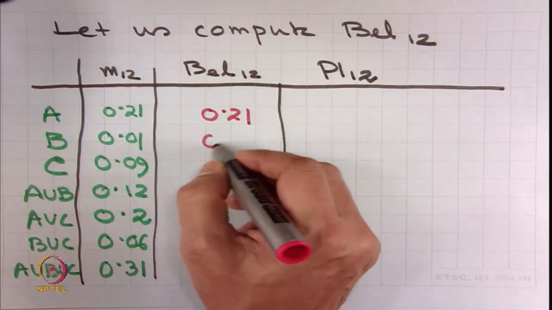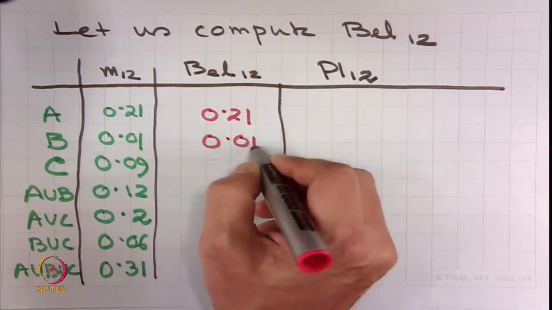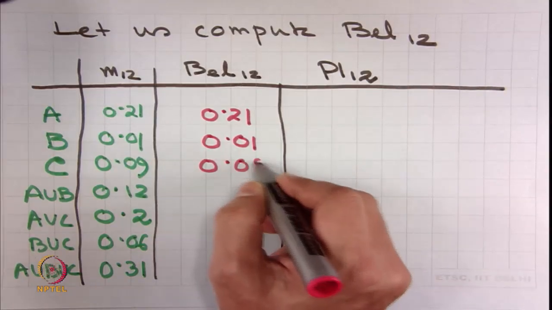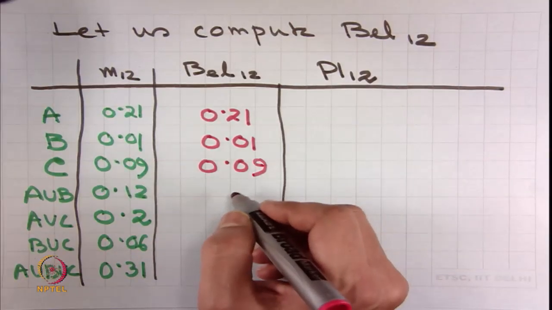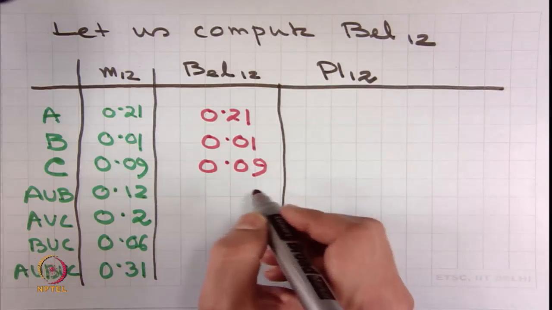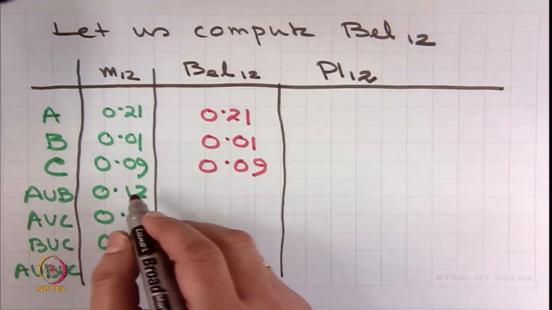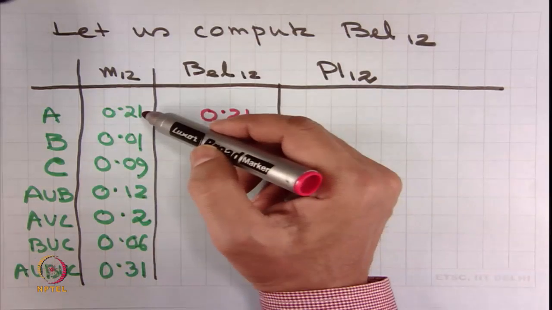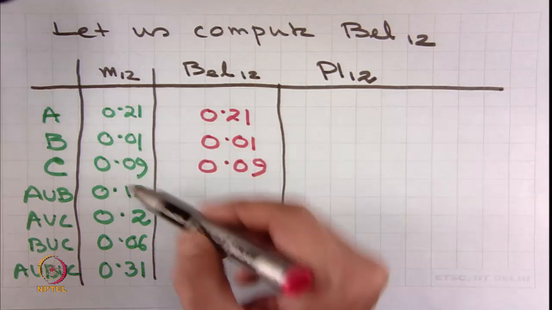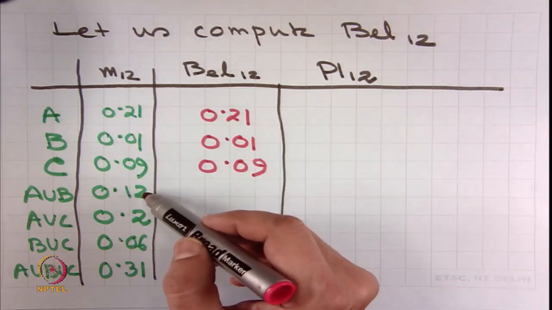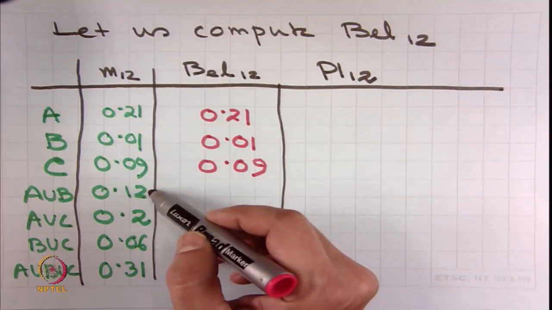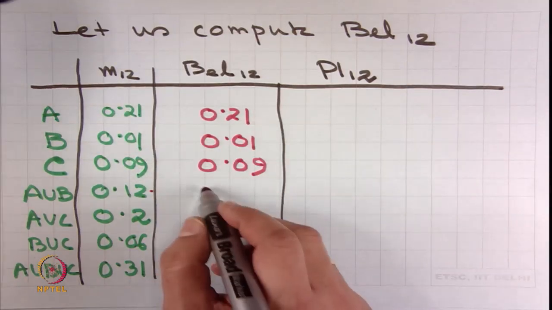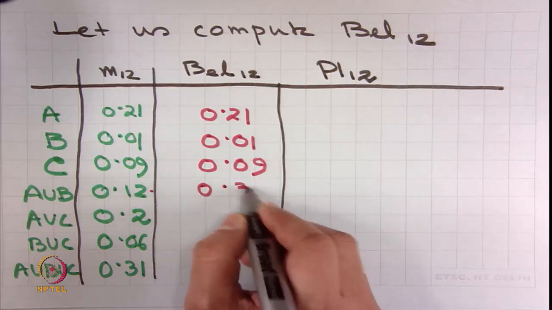Similarly, for B it is 0.01 and for C it is 0.09. Now, let us consider A union B. For A union B, these subsets are A, B and A union B. Therefore, adding these three values, we get 0.34.